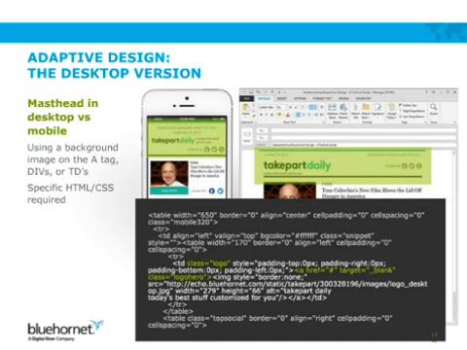The snippet, the first part here, is the head of the first table, and then we apply some classes to the TDs and also a class logo hero to the A tag, the href that makes up Take Part Daily.